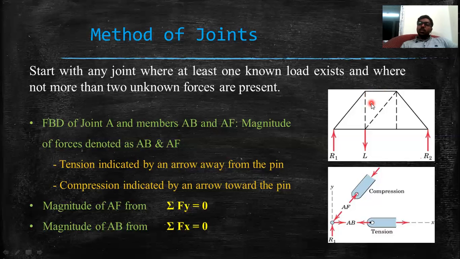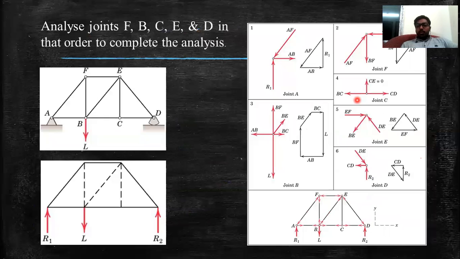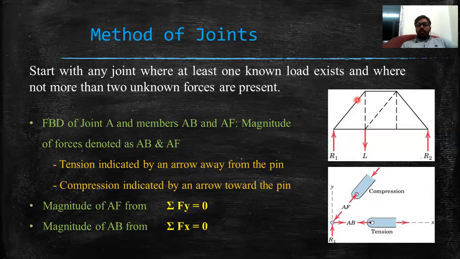All the member forces are unknown. So we have three unknown member forces, but the available equilibrium equations are only two. Using sum of Fx equals 0 and sum of Fy equals 0, we cannot solve for all three member forces, because the available equilibrium equations are inadequate.